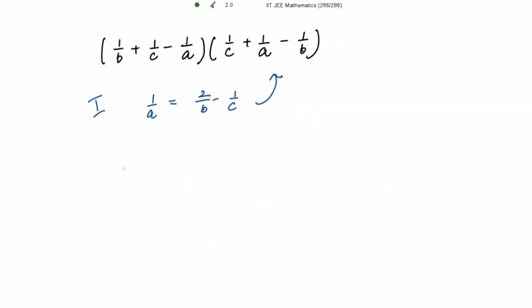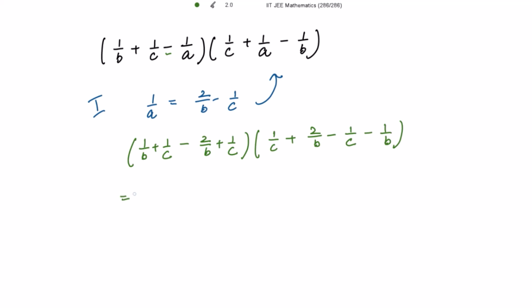So from the first bracket, we get 1 by B plus 1 by C as it is, and using the value of 1 by A, that is with negative sign, so it is minus 2 divided by B plus 1 divided by C, right? Into, in the second product, 1 by C as it is, putting the value of 1 divided by A as 2 divided by B minus 1 divided by C, minus 1 by B as it is.